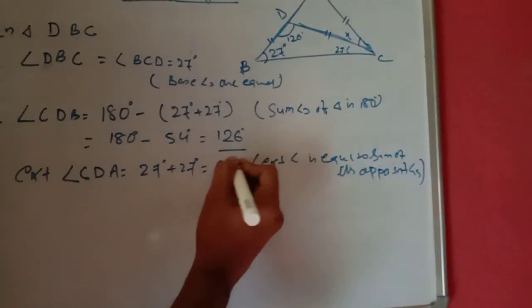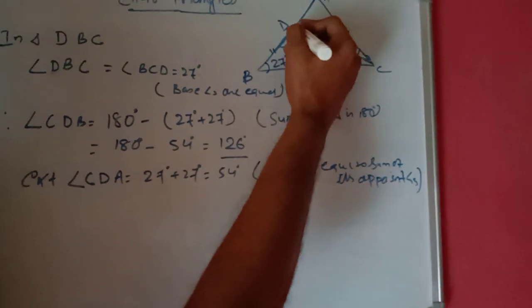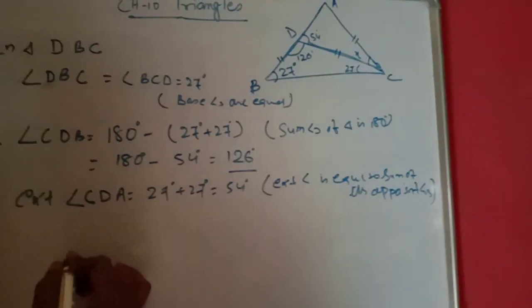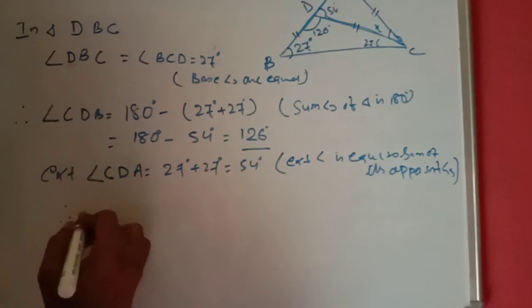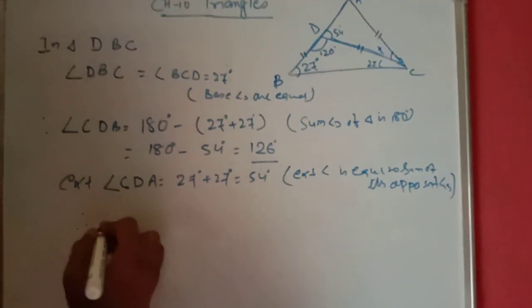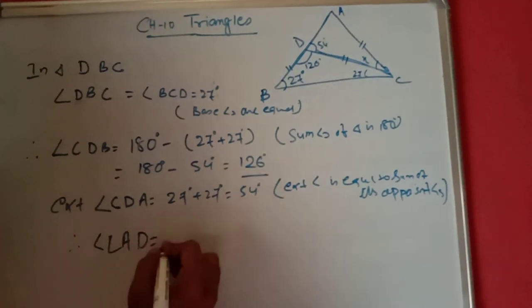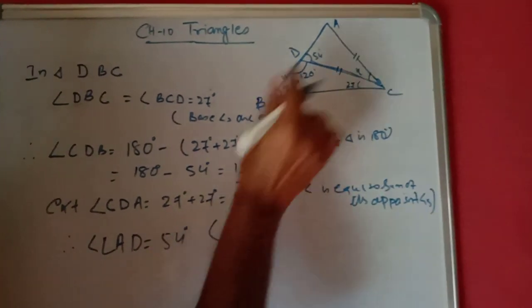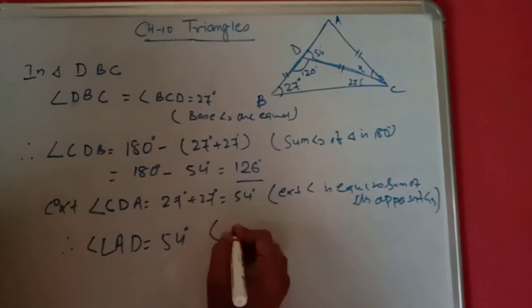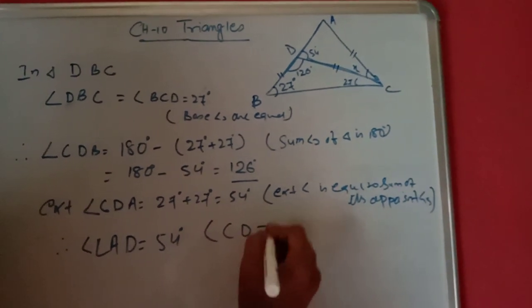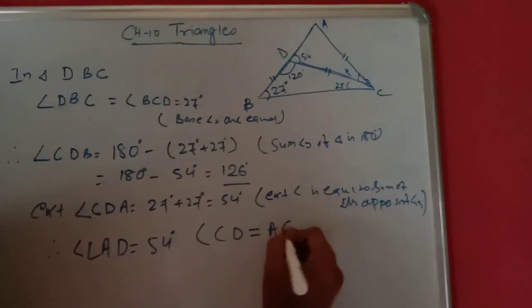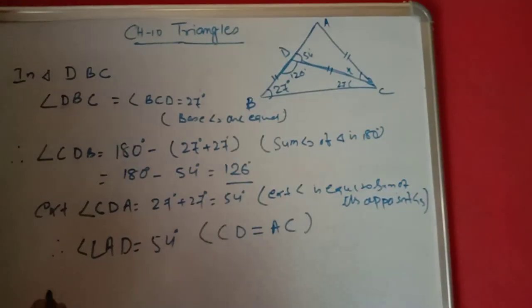So this is 54 degrees, this is 54 degrees. Therefore angle CAD equals 54 degrees. Why? Because CD equals AC. This is already given.